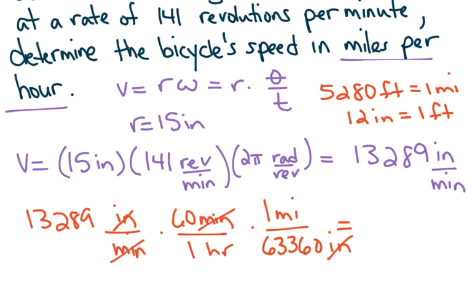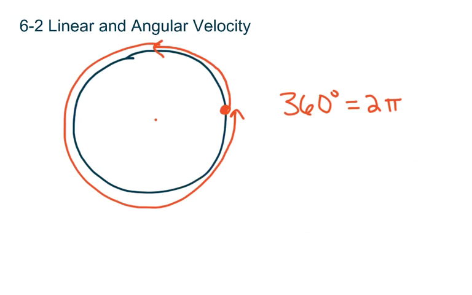So I'm going to do 13,289, multiply that by 60, and then multiply by 1, but that doesn't do anything. Then I'm going to divide it by 63,360, and I'm going to find out that it's about 12.6 miles per hour. And that is linear and angular velocity.